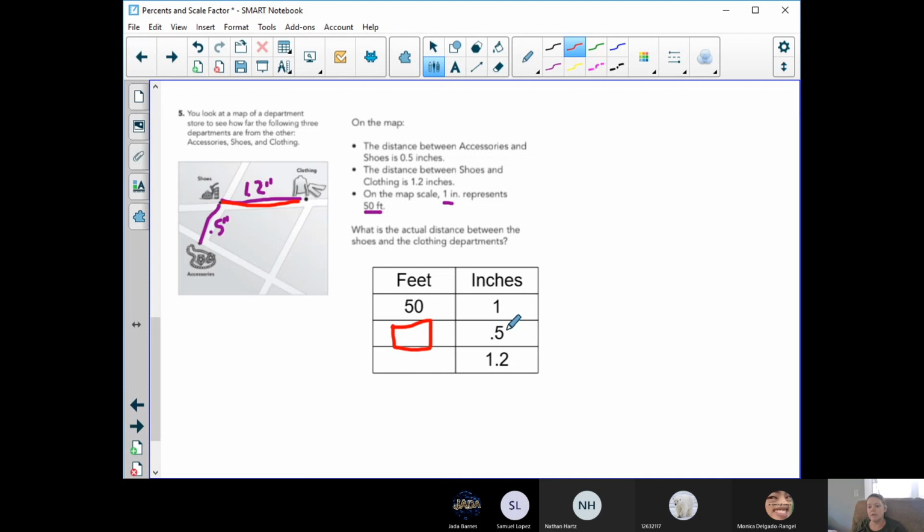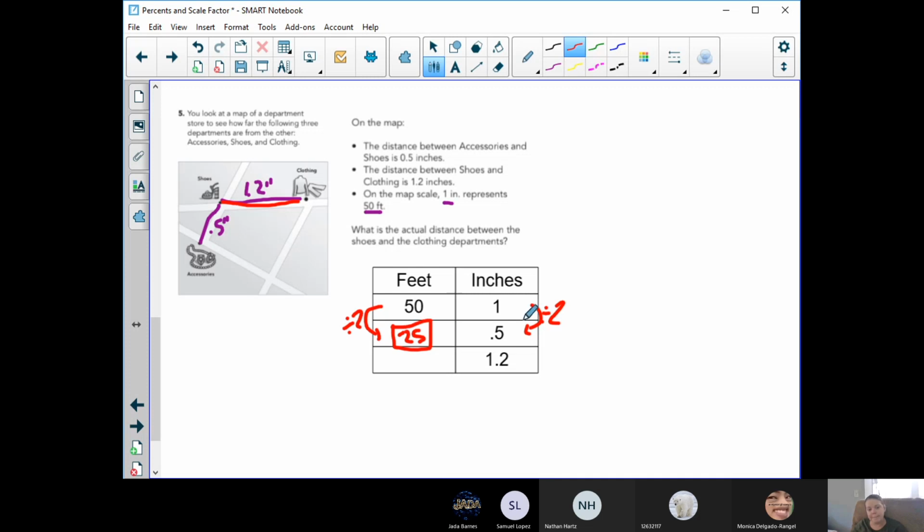Okay. So 0.5 is 1/2 of 1. So we have to divide by 2 to go from here to here, which means we divide by 2 on this side. And 50 divided by 2 is 25.